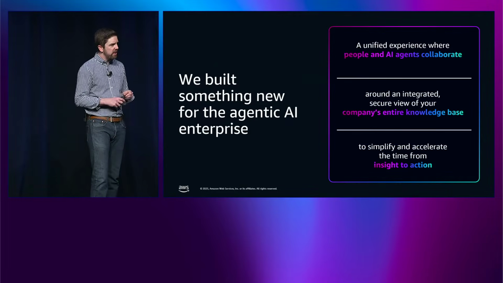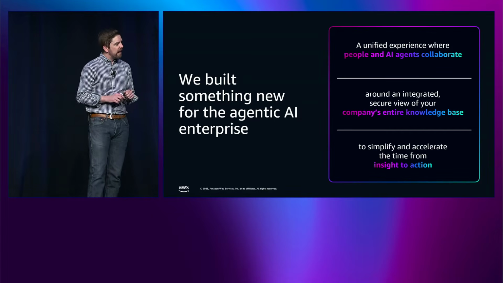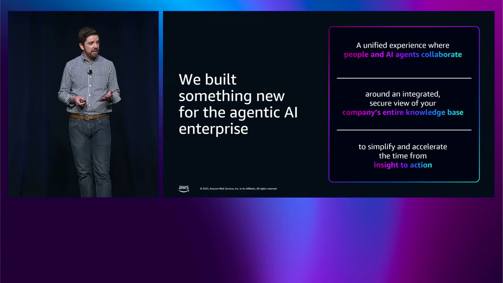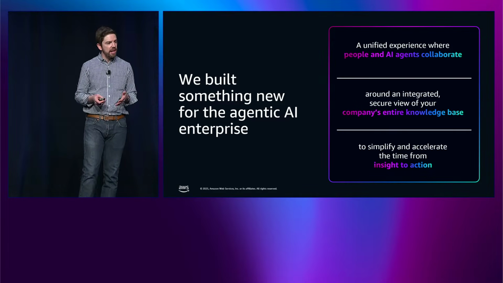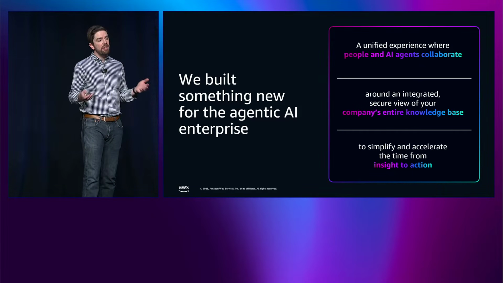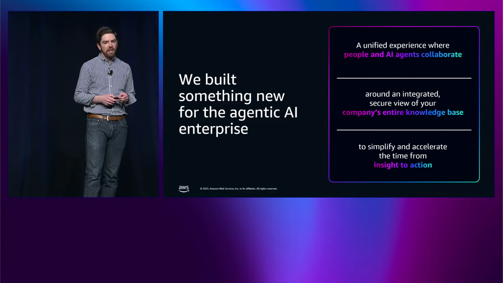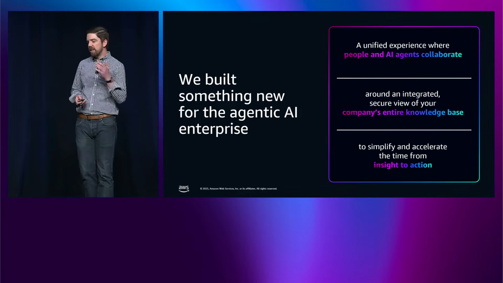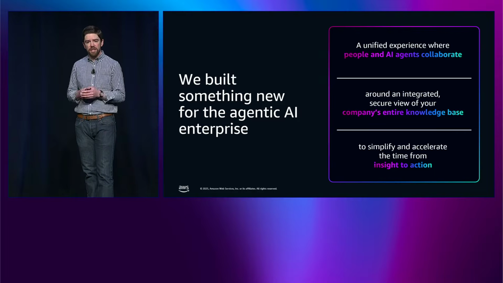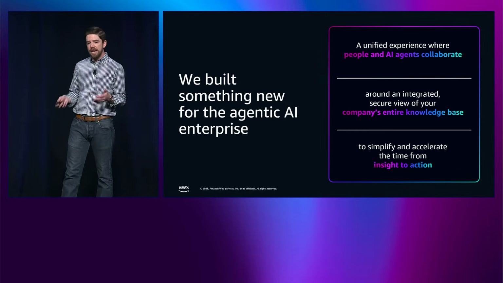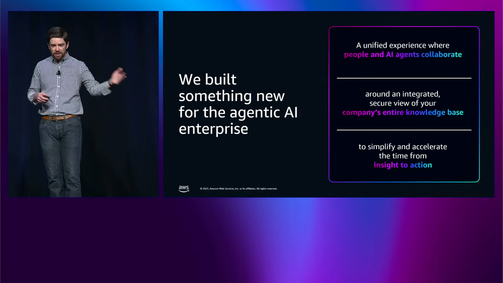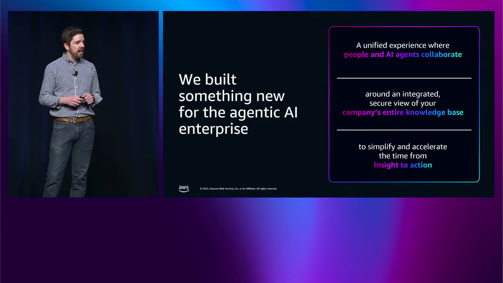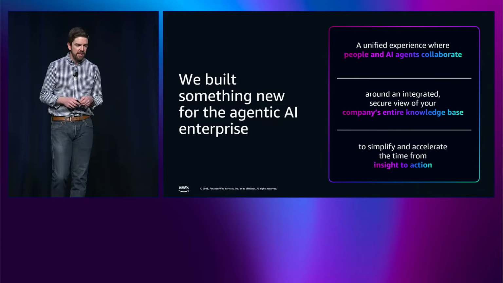And so QuickSuite is a brand new way for the AI enterprise, if you will. It's a unified workspace that allows humans to collaborate with AI agents over a secure view of all of your customer data. So all of your customer data means all of your structured data coming from sources like Aurora or Redshift or Dynamo or your data lakes and your data warehouses, even if they don't live in AWS.